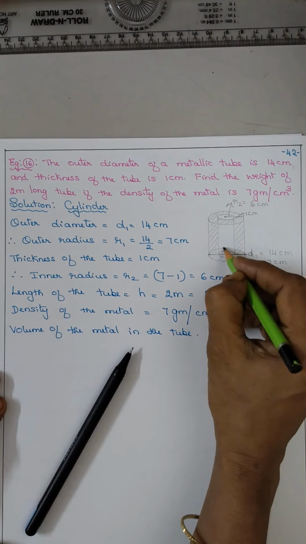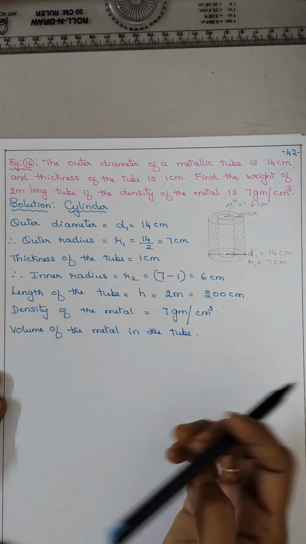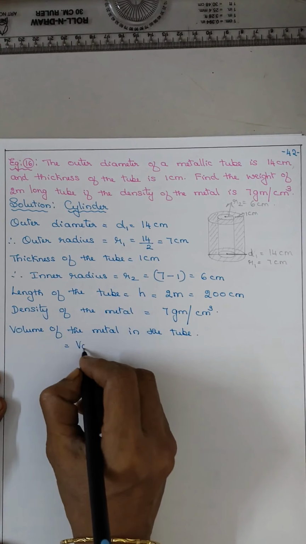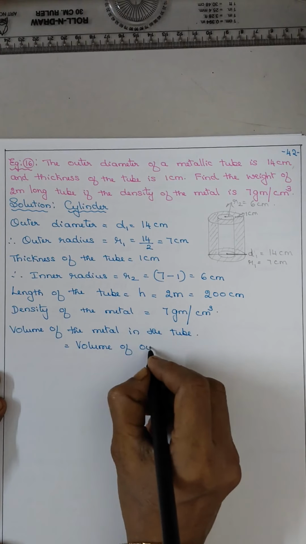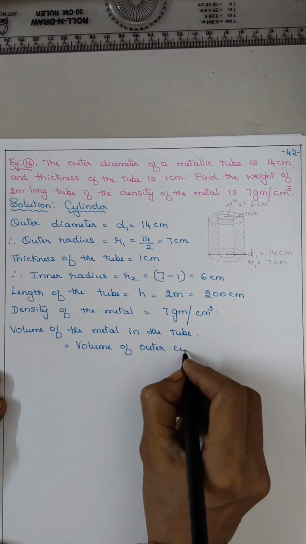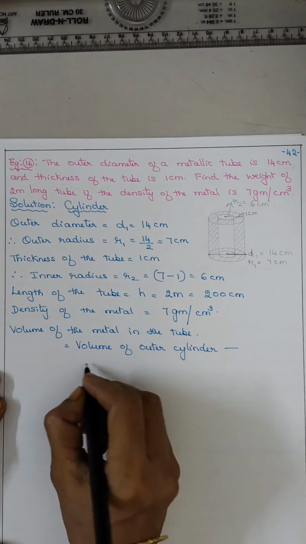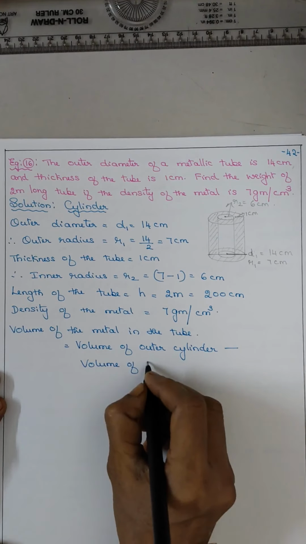Understood? So this is the volume of the metal. How much it will be? The volume of the outer cylinder minus the volume of the inner cylinder.